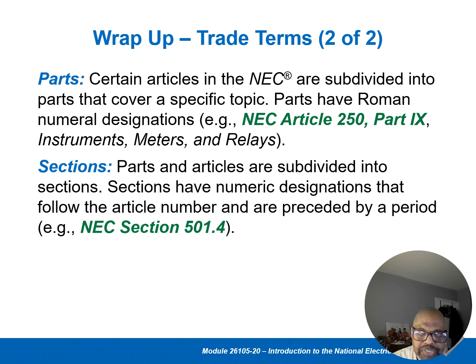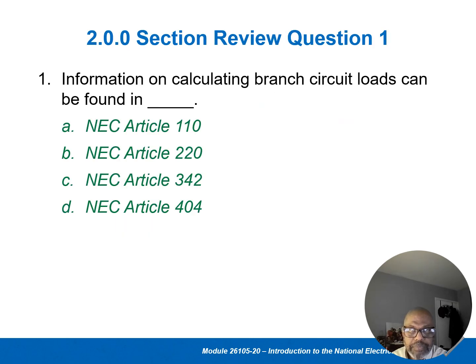So again, this is section 501, and it is part 4. And it will keep on getting larger as it goes through, so you can designate the topics that you're looking at.